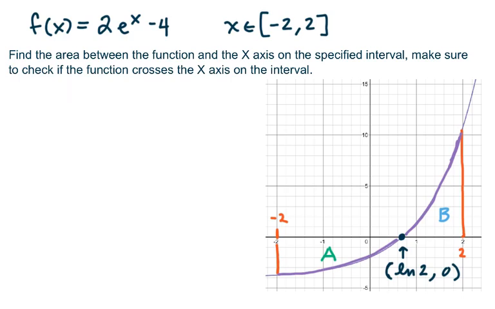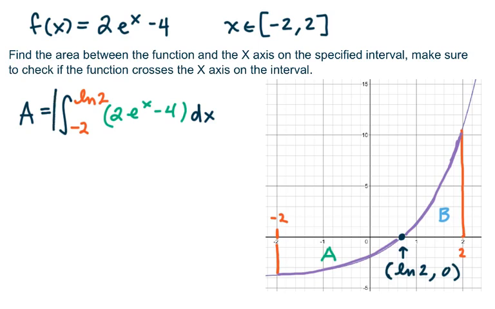So when I go to set up my integral to calculate area, I'm going to have the integral from -2 to natural log of 2 of the function 2e to the x minus 4. Now I know that's going to be a negative integral, so we need to include absolute value bars.